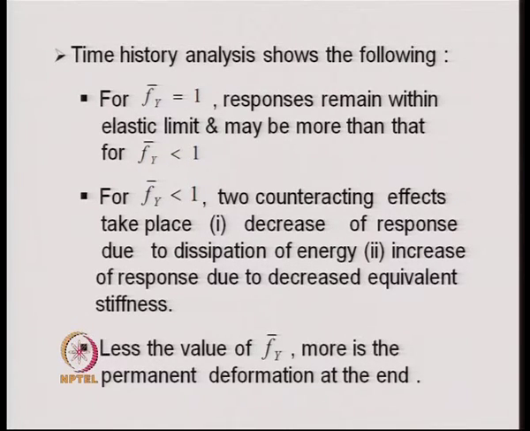F bar y less than 1 means the elastoplastic system. For the elastoplastic system, two counteracting effects take place. First is the decrease of response due to dissipation of energy, and the second is the increase of response due to decreased equivalent stiffness.